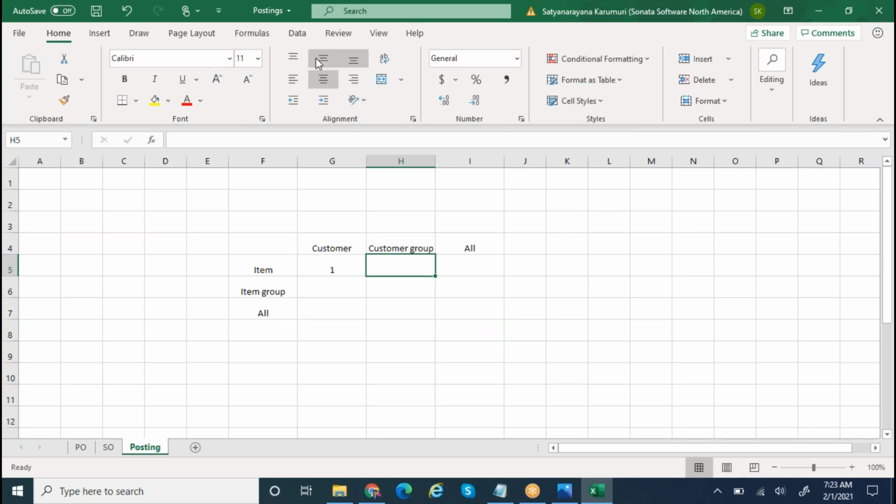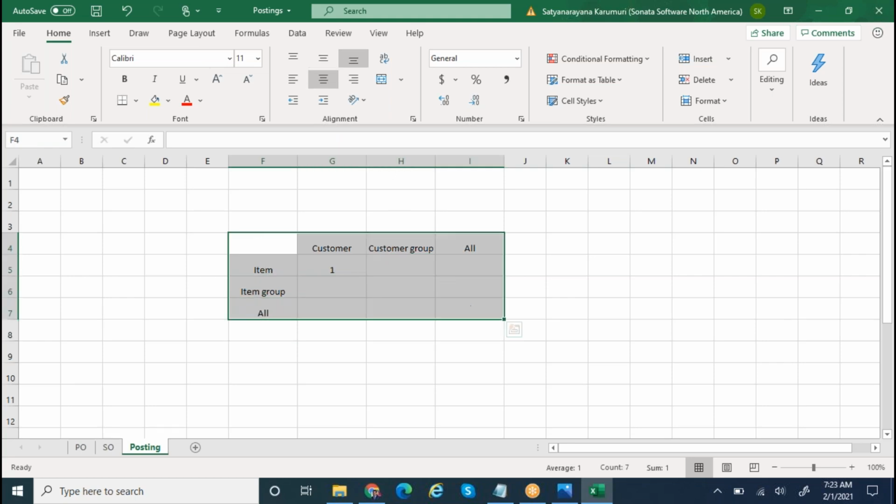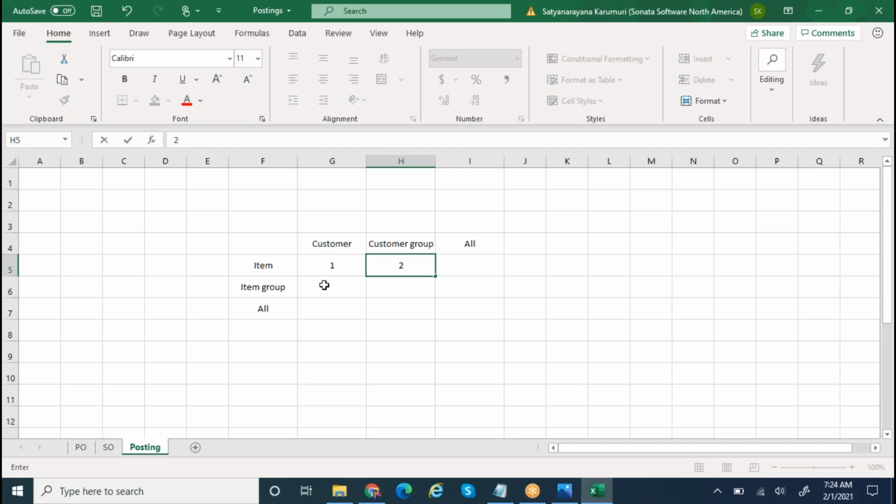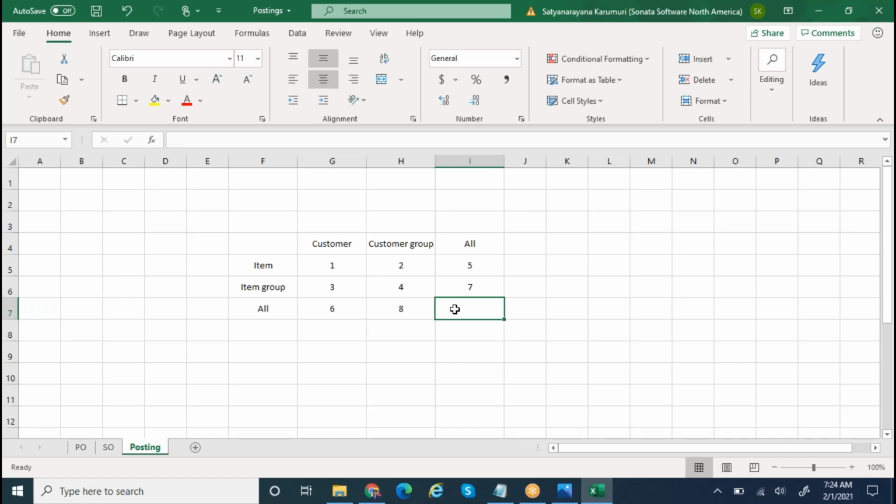This is second priority, third priority, fourth, 5, 6, 7, 8, 9.